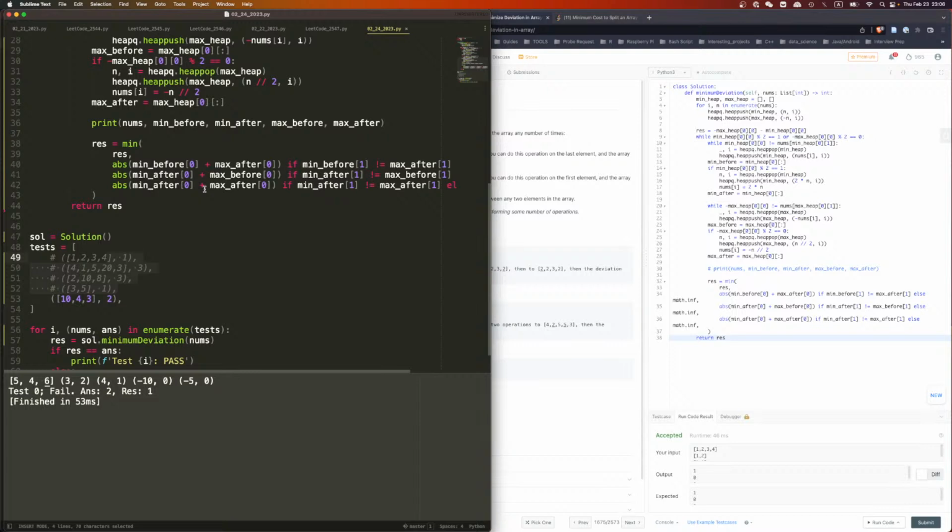Max after is 5. That's 2. Min after is 4. Max before is 10. The problem is min after is 4. Max after is not 5. That's the problem. Max after is not 5.